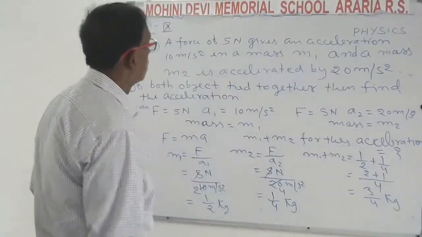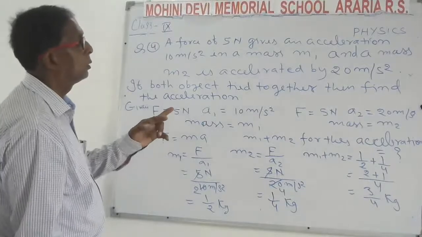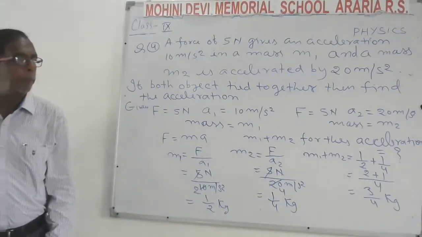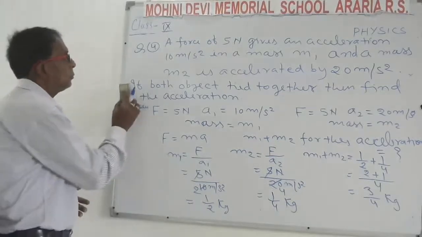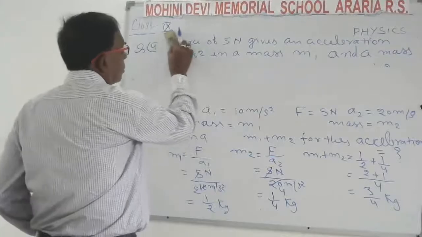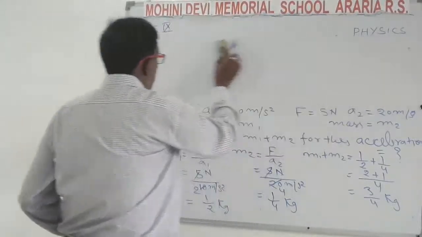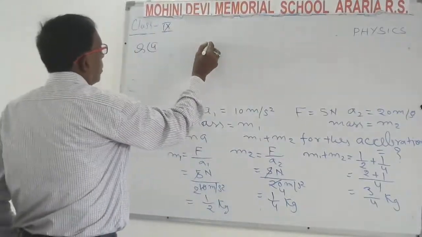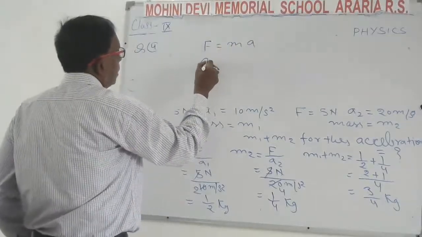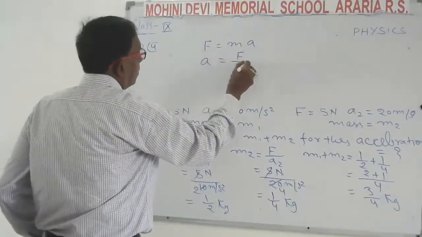Therefore, the question is, what is the acceleration produced by the same force? By Newton's formula, F is equal to m into a, therefore a is equal to F by m.